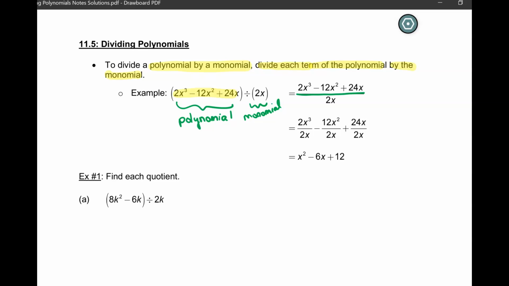So what you can basically do is divide 2x into each part. And then we simplify. So 2x cubed divided by 2x is just x squared. And then we bring down the subtraction sign. 12x squared divided by 2x is 6x. And 24x divided by 2x is 12. And so that would be our answer.